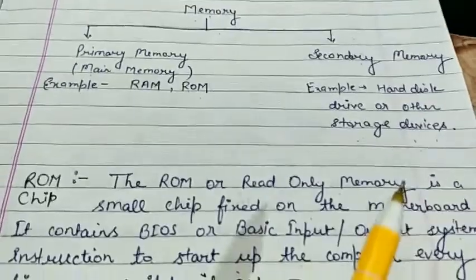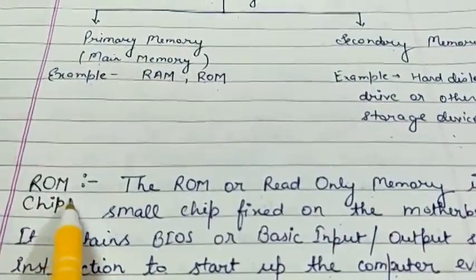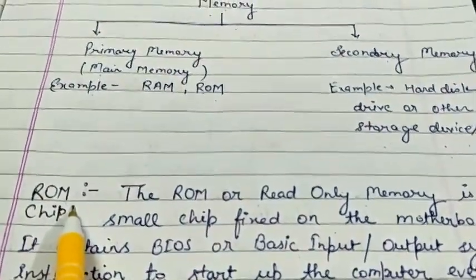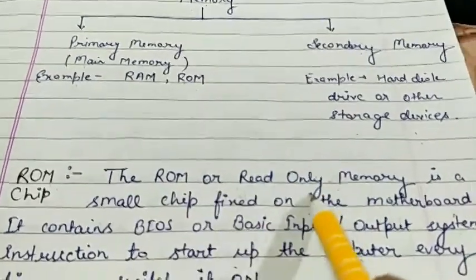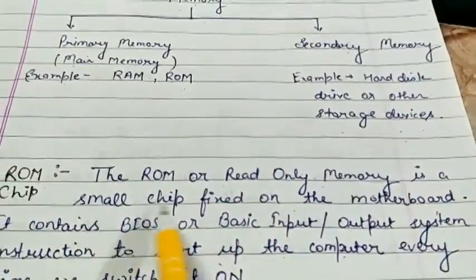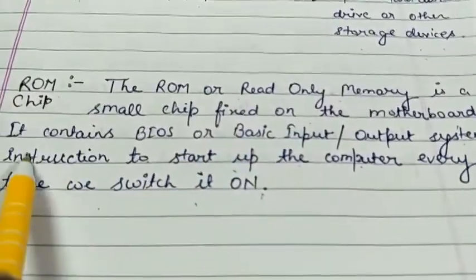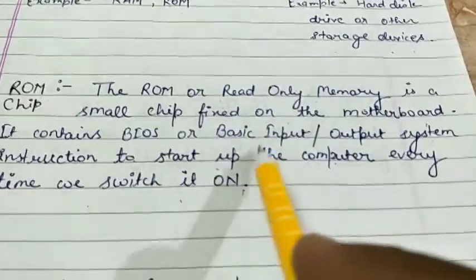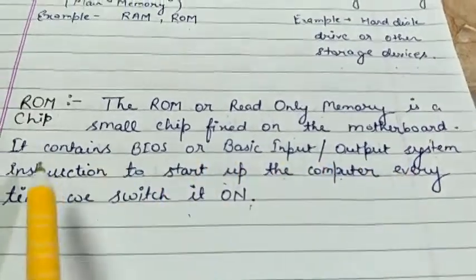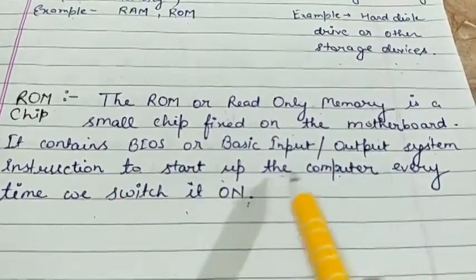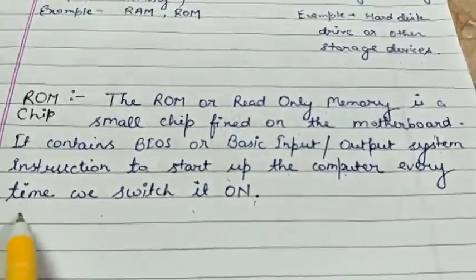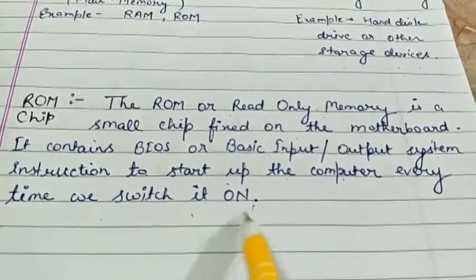Okay, now I'm going to explain about the ROM chip. The ROM, or read-only memory, is a small chip fixed on the motherboard. It contains the BIOS, or basic input output system, instructions to start up the computer every time we switch it on.